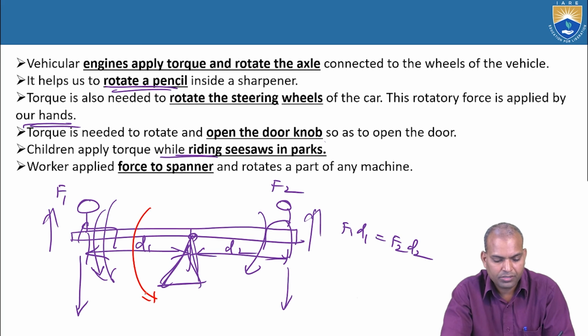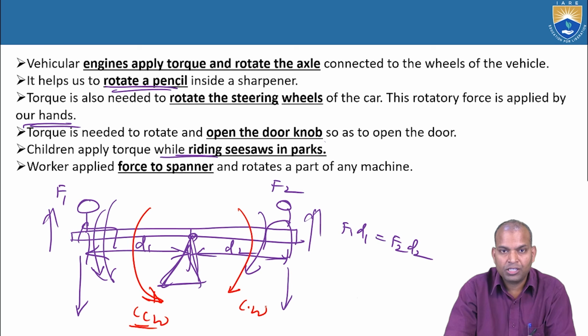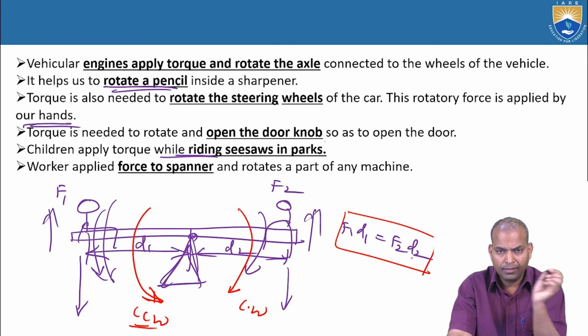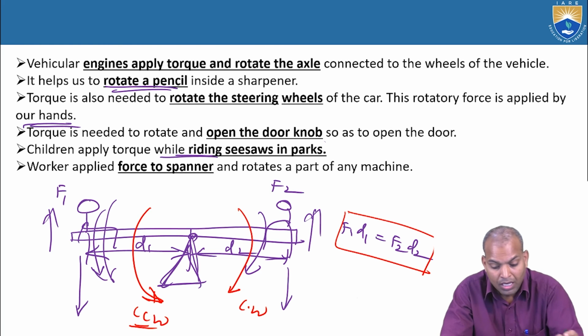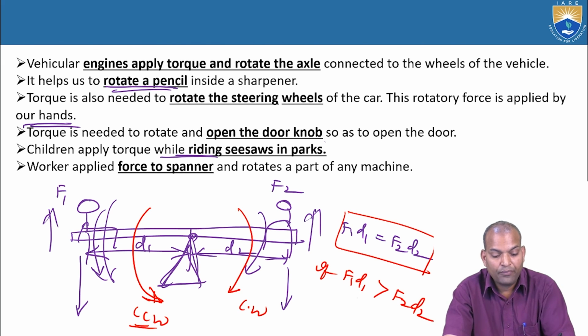Here, which direction? Counterclockwise, anticlockwise. And this direction is clockwise. So the clockwise moments equal the anticlockwise moments: F1 D1 equals F2 D2. Then it will be in moment equilibrium, with no rotary motion. If F1 D1 is greater than F2 D2, what will happen?